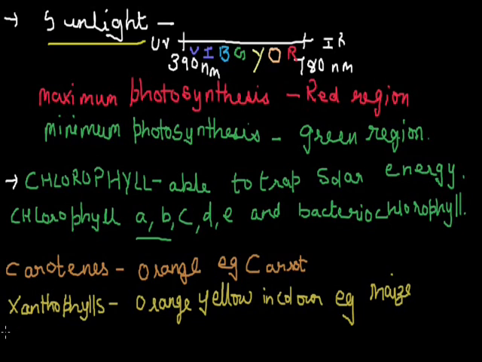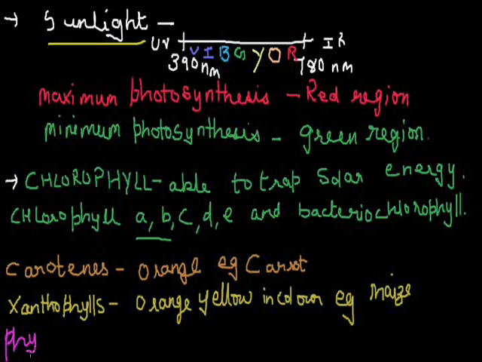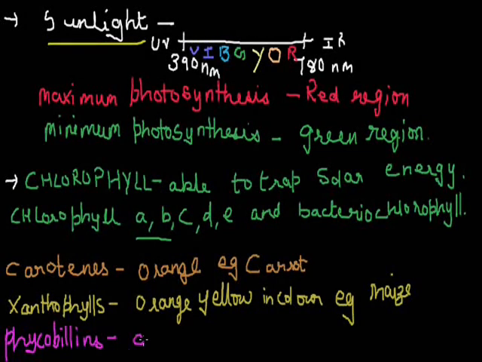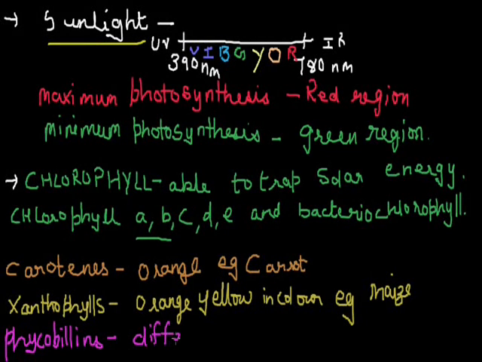The third is phycobilin, which are of different colors. The different colors which we see in plants are due to these pigments, like red, violet, etc.